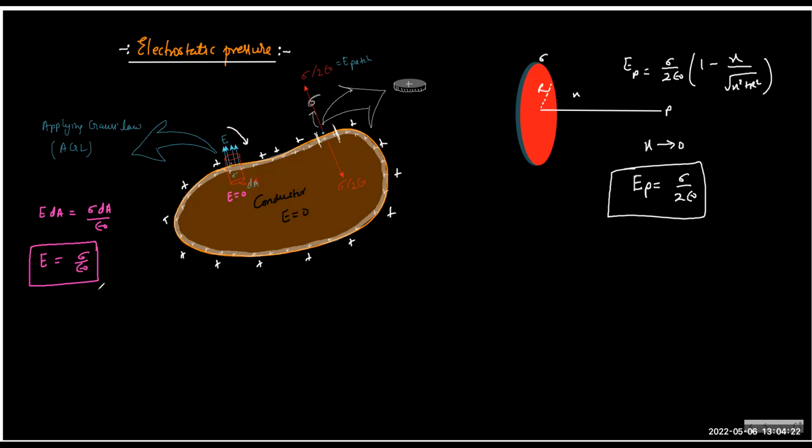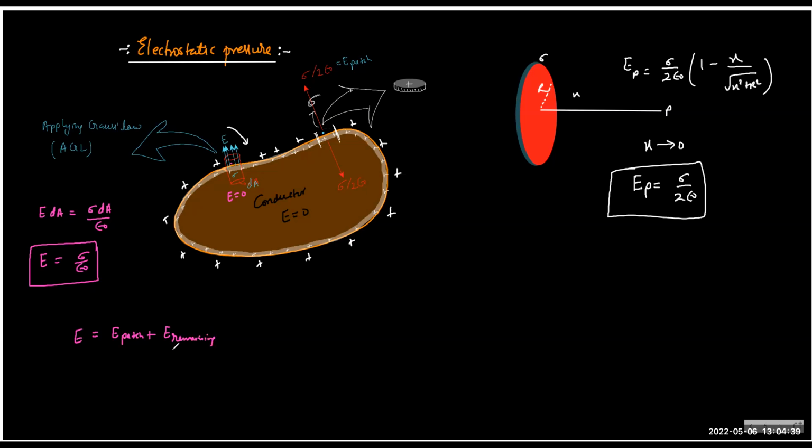Understood? Yes, sir. So the E which we got is nothing but E due to patch plus E due to remaining.